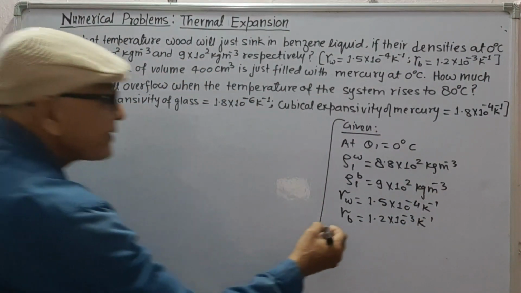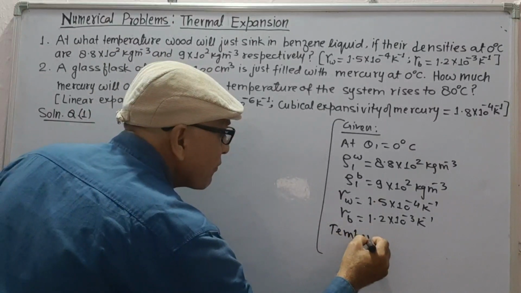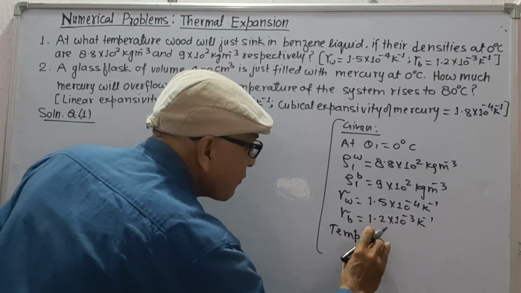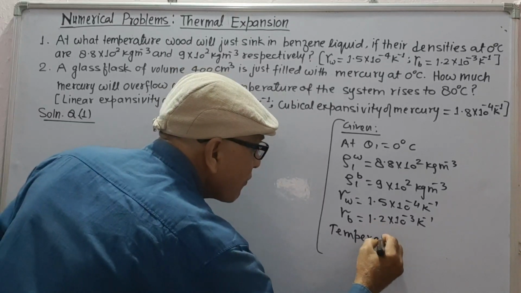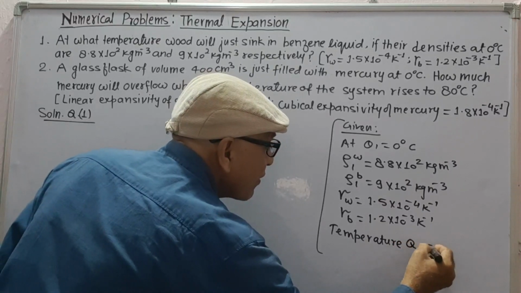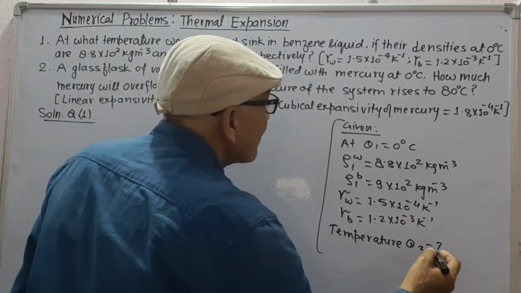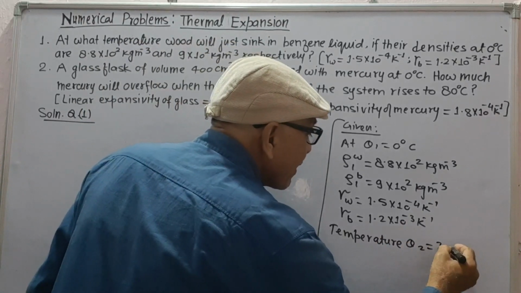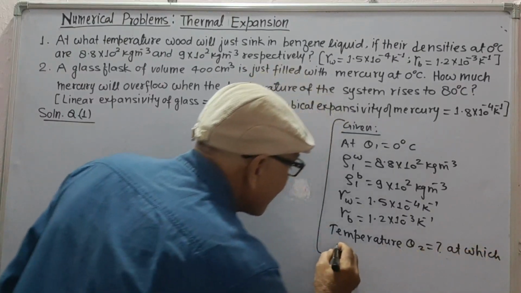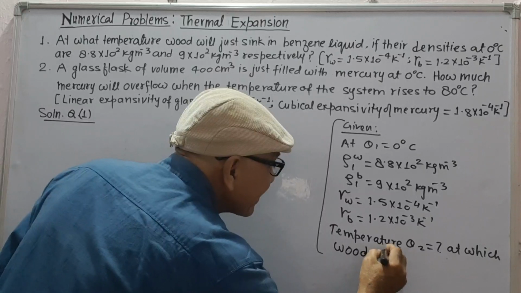We have to find the temperature theta 2 at which wood will just sink in benzene.